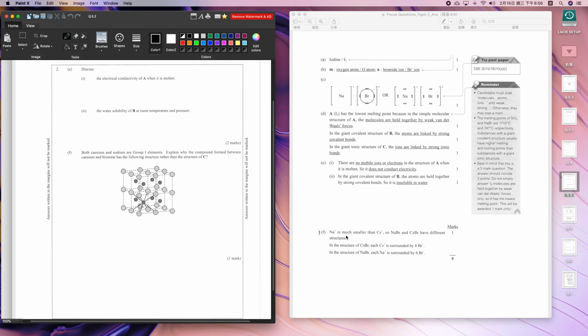You may just say the size of the sodium ion is much smaller than the cesium ion. That's why the arrangement or the packing of ions will be different. You don't need to state the number of ions surrounding the other unless you are told to do so. That's the end of the review of the focus questions in topic 2.